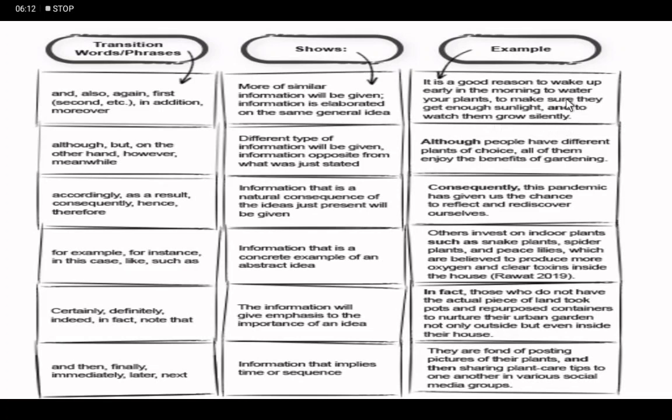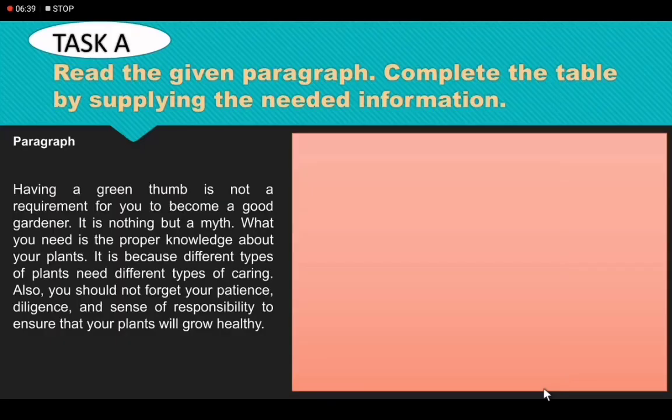What is the transition word in this sentence? It is the word and. So it showed more of similar information which was given inside the sentence. So please familiarize yourselves with these transition words, what they show, and these given examples of how these transition words were used in sentences.